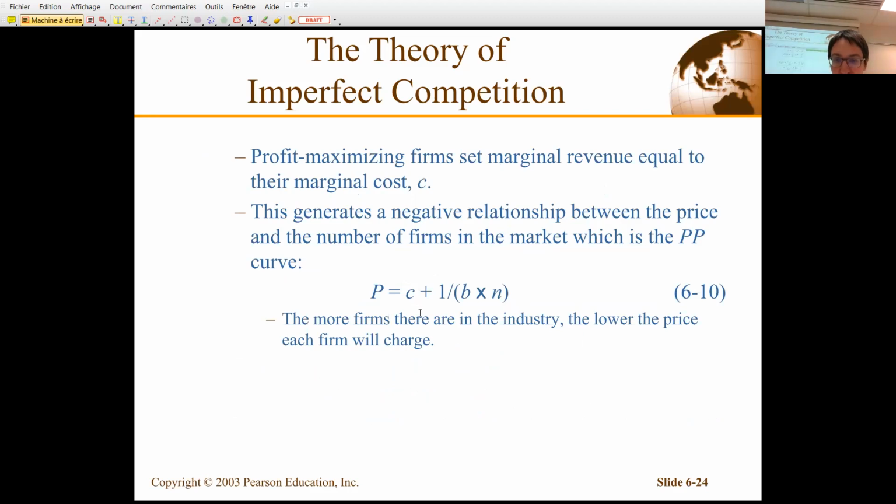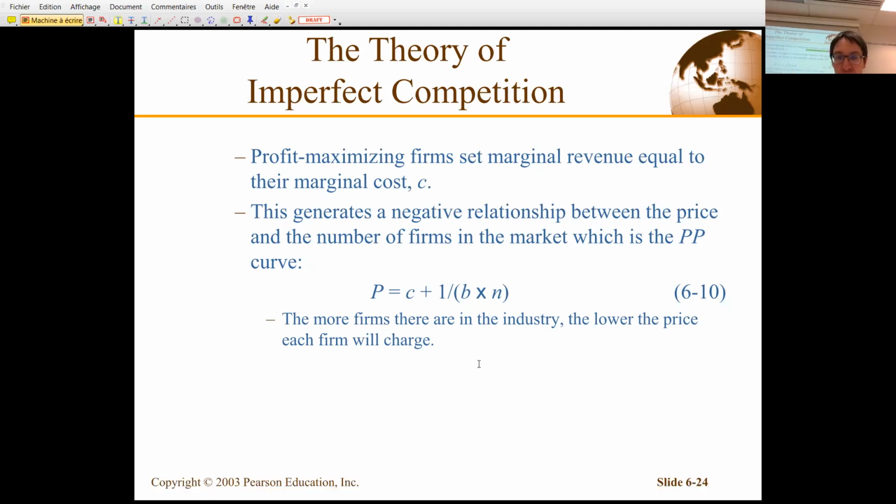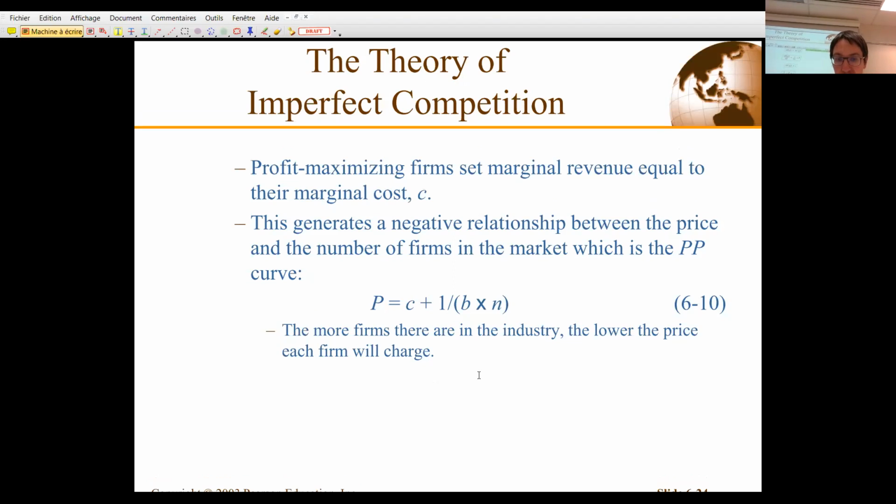Isn't it the same as what I found there? Times n. I must have done a computation mistake somewhere, but it's close to what I have. P equals. Oh yeah, it's the same.